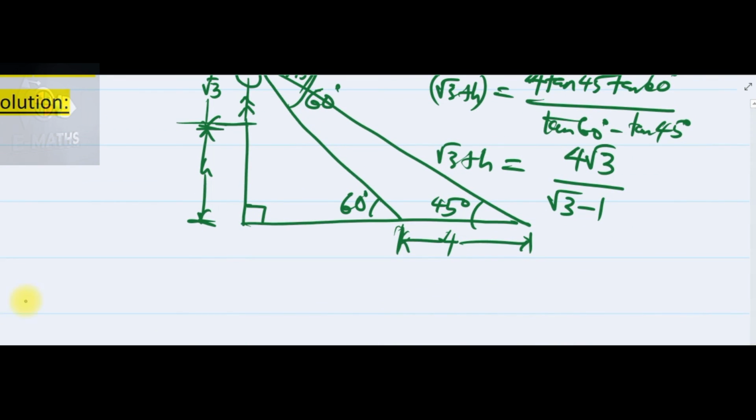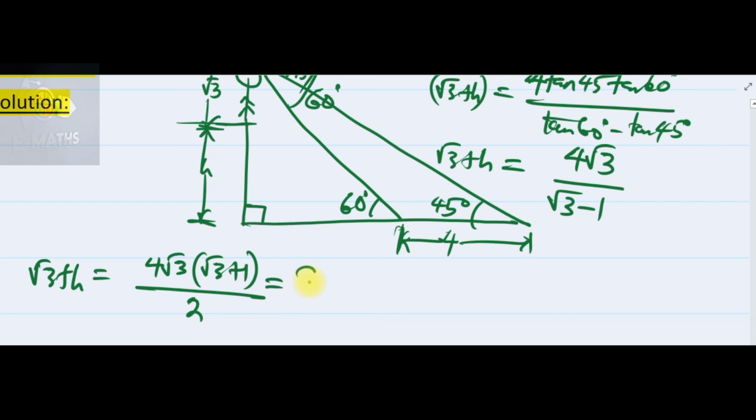So from this, root 3 plus h equals 4 root 3 over root 3 minus 1, and we rationalize by multiplying by its conjugate. Root 3 minus 1 times root 3 plus 1 is root 3 squared minus 1 squared, which is 3 minus 1, which is 2.